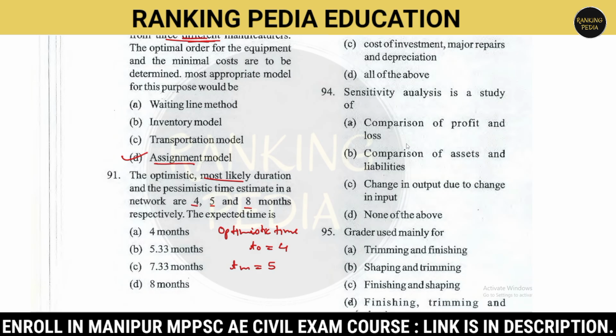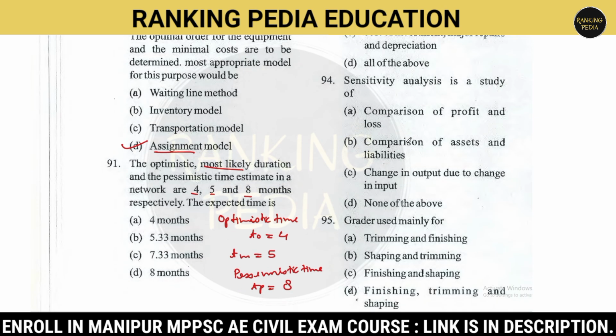Next, 8 months is your pessimistic time, denoted by Tp. We have to calculate the expected time.